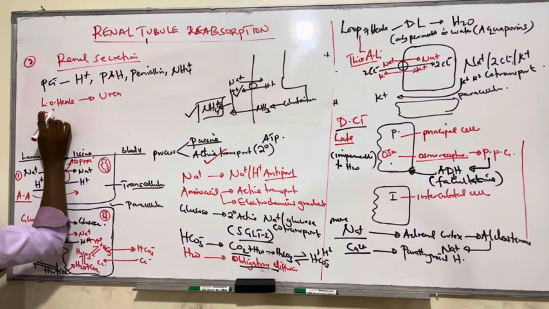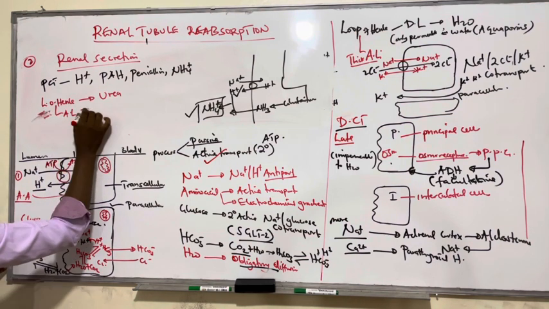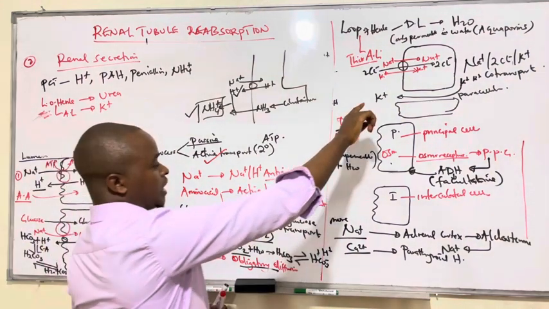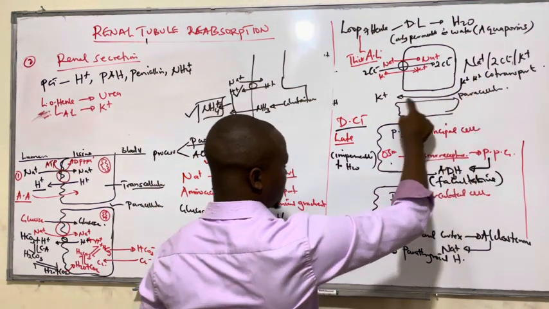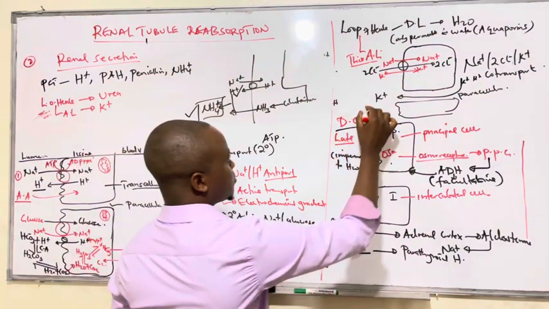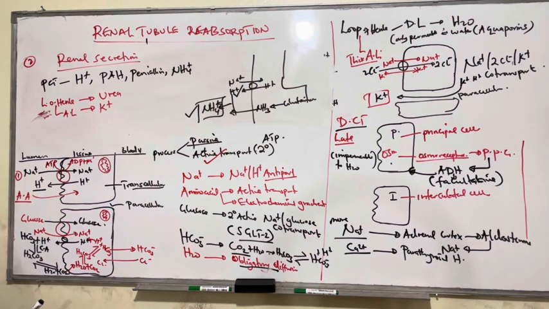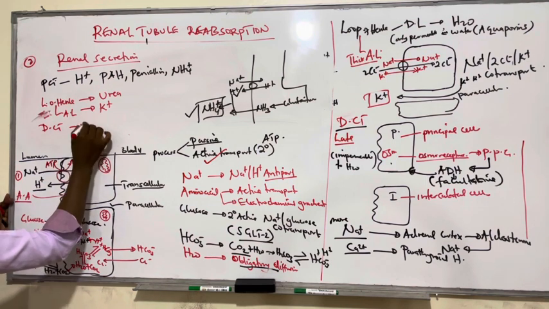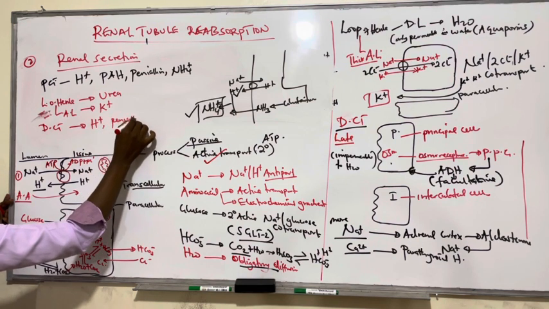Then in the ascending limb, we see secretion of potassium. We saw here that potassium is reabsorbed, but when it reaches this side, it comes via the paracellular route. Then in the DCT, majorly we see also secretion of hydrogen, and secretion of drugs like penicillin continues.